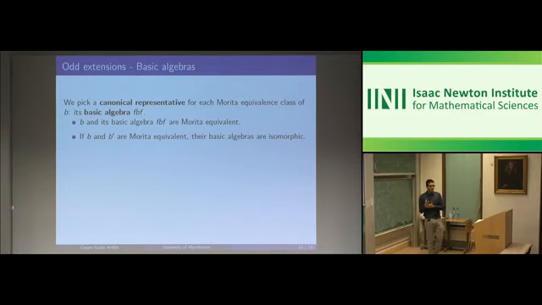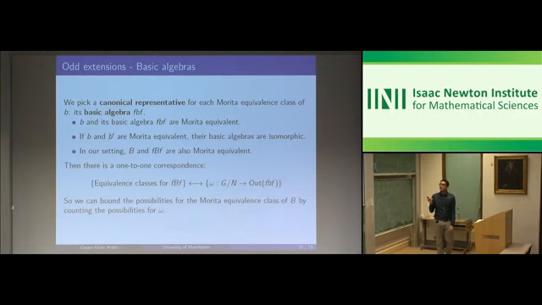So it's a good thing, because if you put a basic algebra here and here, these are isomorphic, so these will also be isomorphic if they are specified by the same parameterization as cross products. And in our setting, B and FBF, which is not always the basic algebra of big B but will be a cross product, are also Morita equivalent. So this is exactly what we were looking for.